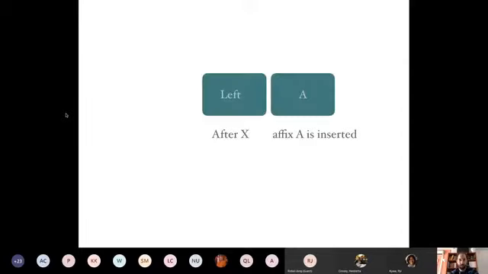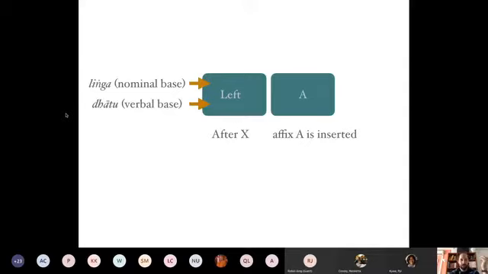The normal state of affairs here would be that you have two items, one item on the left, and then the main item that we call A. So the item on the left will express something like after X, so after this item, and the item called A is the affix, that is that which is going to be inserted.